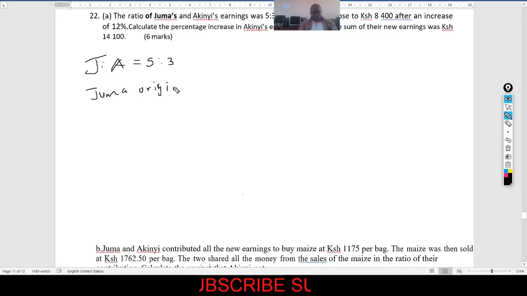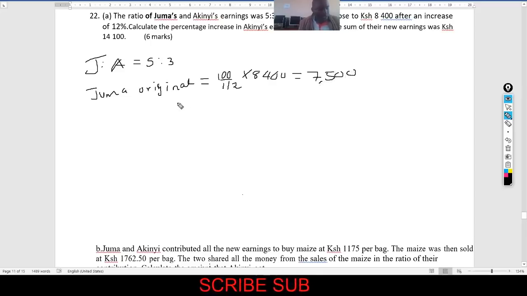It rose to 112, what about 100? Originally it was 100 over 112 times 8,400. You multiply that using your calculator, you get 7,500.